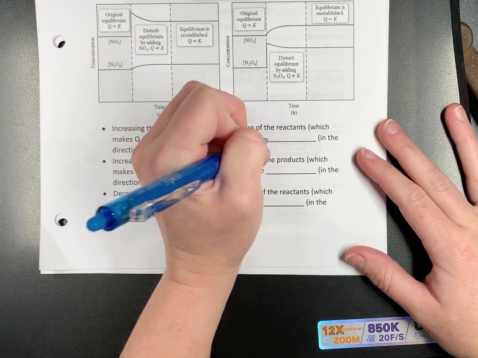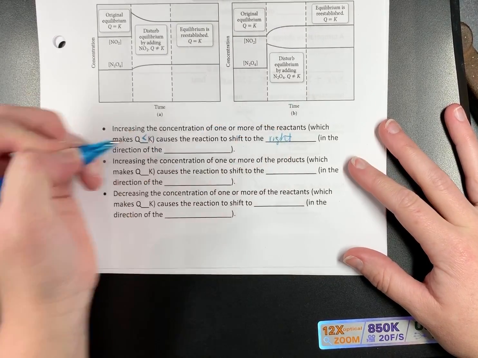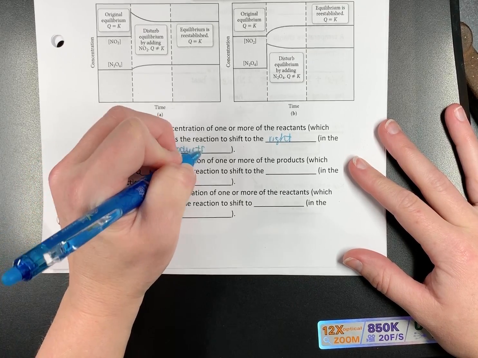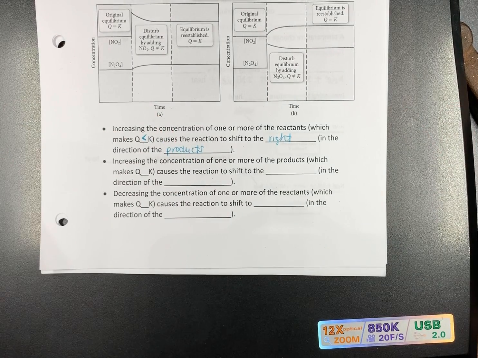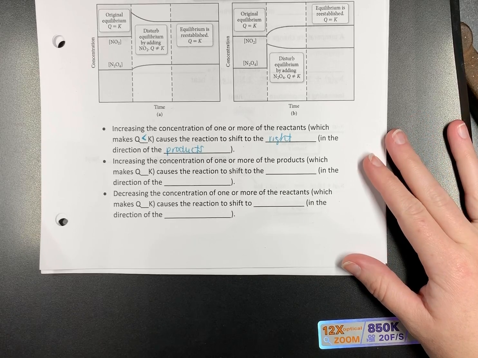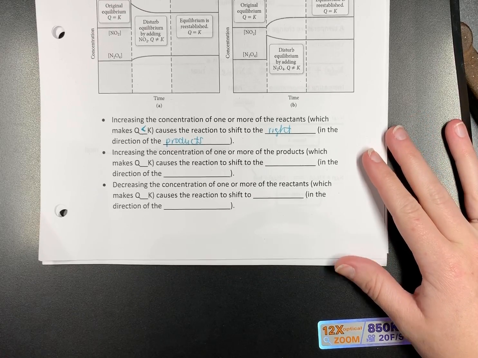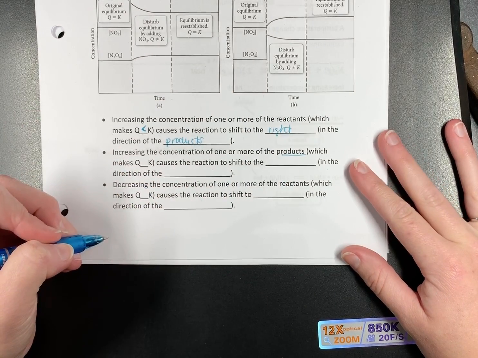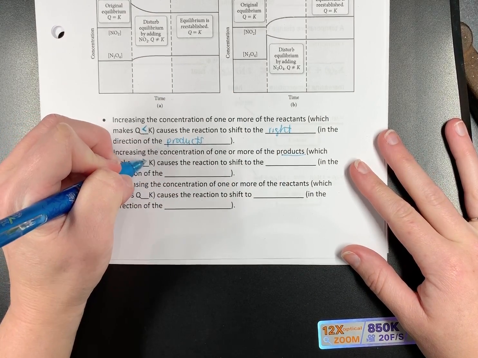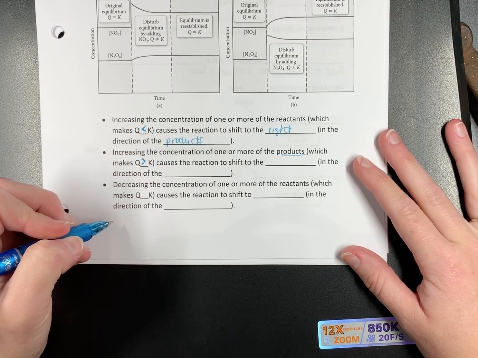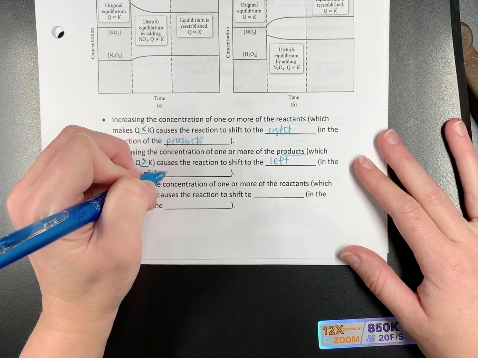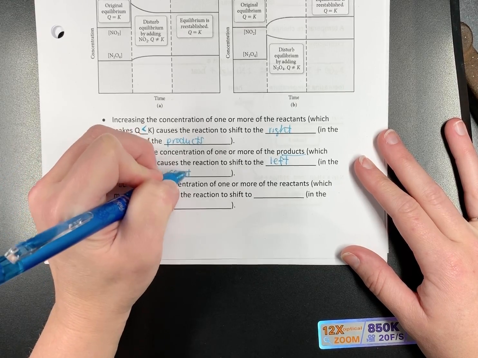So the reaction shifts to the right or in the direction of the products. If you increase the concentration of a product, Q becomes greater than K, so it is going to move to the left in the direction of the reactants.